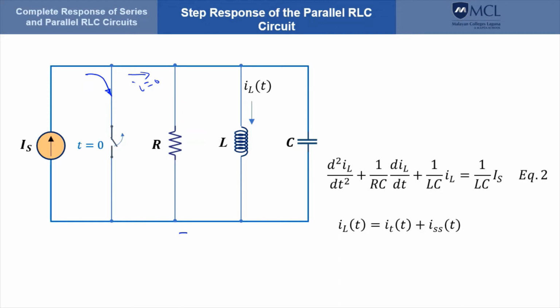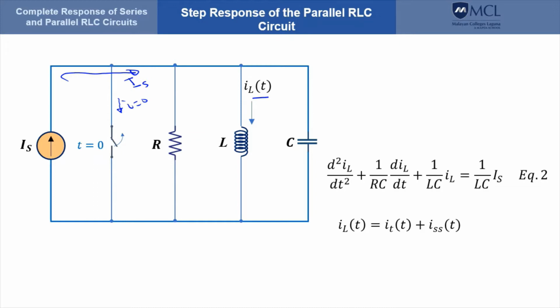If the switch is open, the current here would be zero through the open path. So this is zero, and I sub s will flow directly to the parallel combination. So in this scenario, we are after the solution of the current through the inductor.